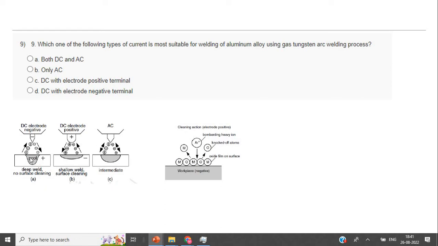The temperature generated here is around 600 to 700, but the melting point of the aluminum oxide is very high, so it won't melt. It forms an inclusion in the molten pool, which is a defect. So we need to avoid that, and we can't use DCEN. You understood my point here.